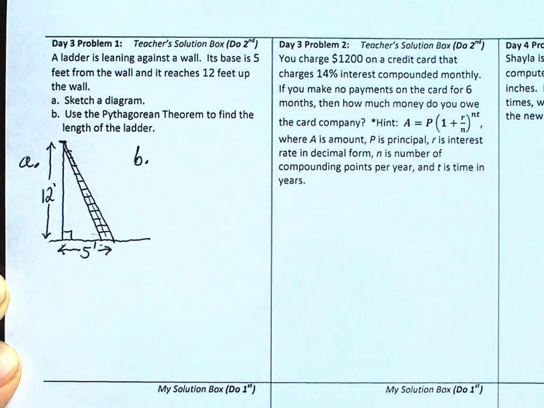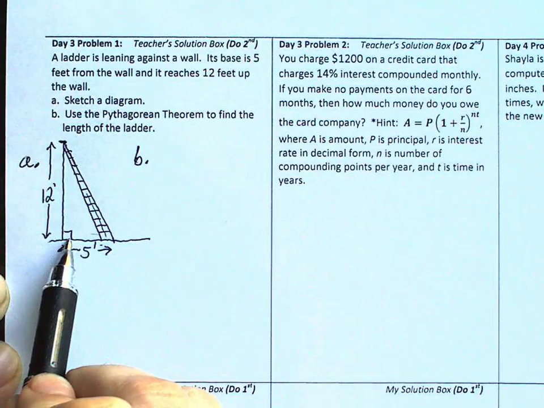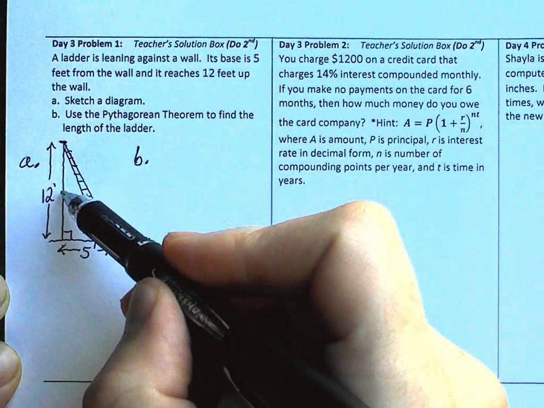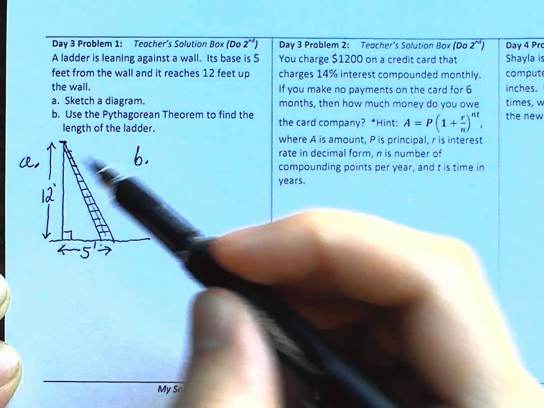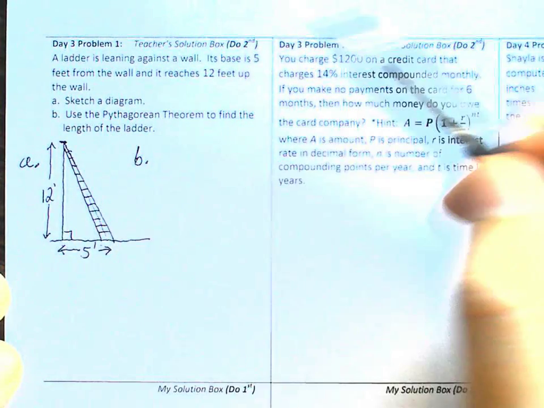Okay? And what the Pythagorean theorem says is that the shortest leg of a right triangle squared plus the next leg of the right triangle squared will equal the length of its hypotenuse squared.